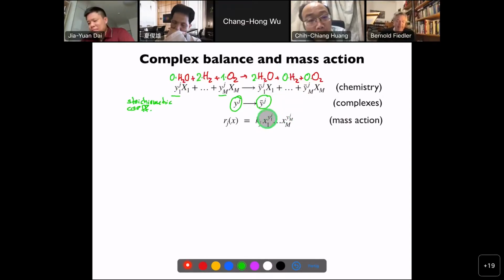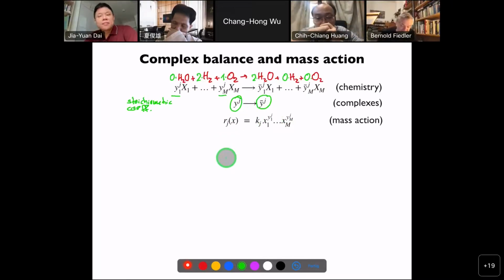And in the simplest case, this should be proportional to the probability of meeting the appropriate number. You see the stoichiometric coefficients as exponents here. X1 to the power 0, X2 squared, and X3 to the power 1 here, with a certain reaction rate, which may depend on temperature, etc., but we ignore this for the moment.